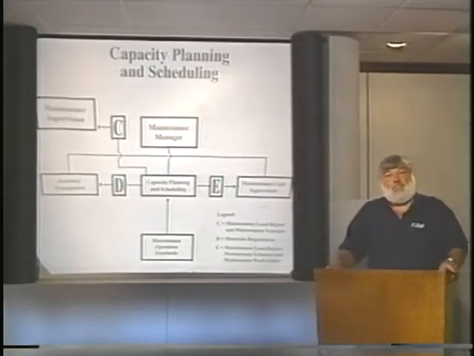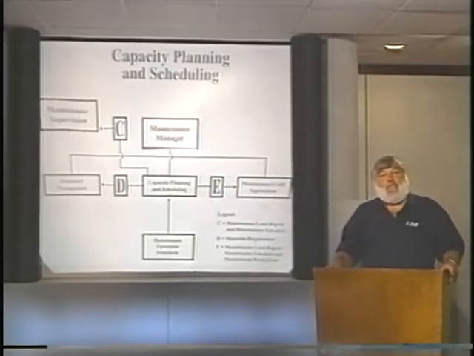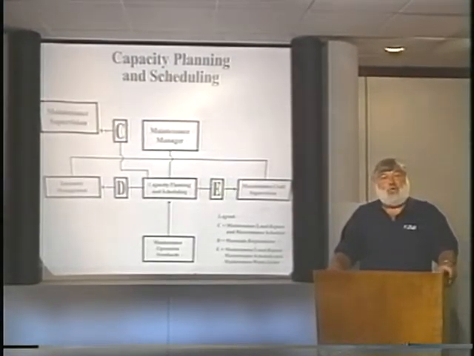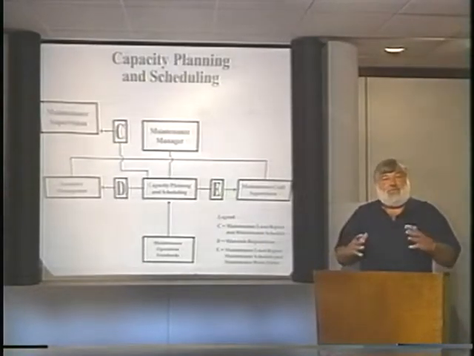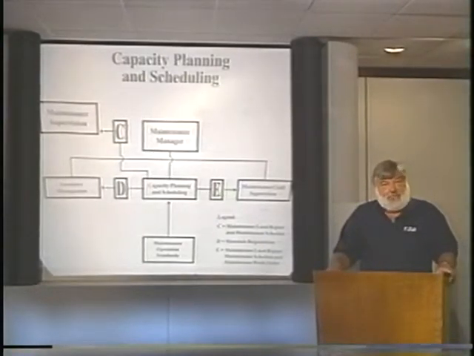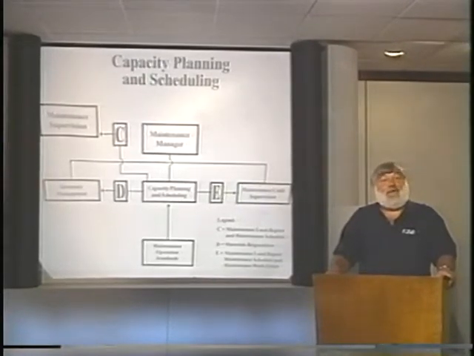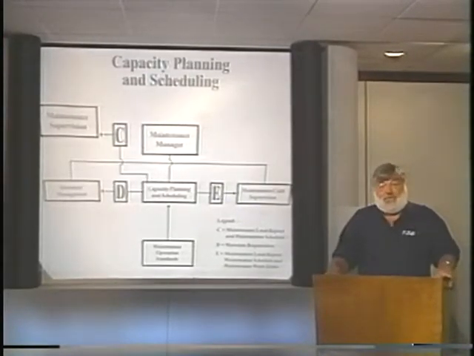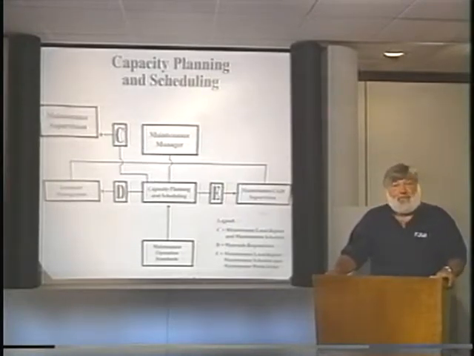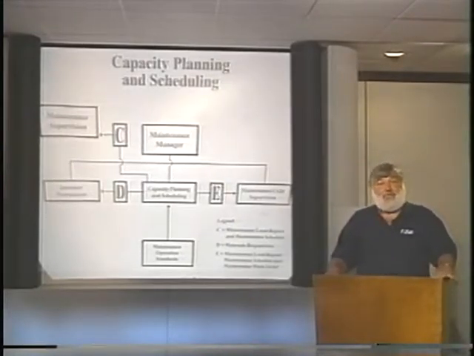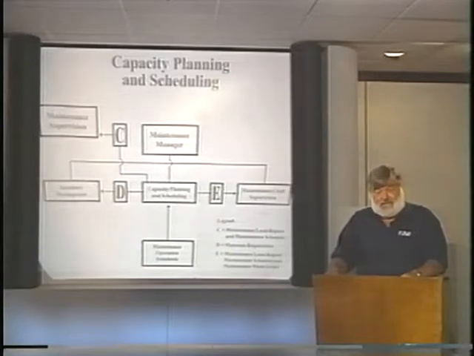So one of the key requirements to support maintenance work order planning and then subsequently scheduling is to start to develop standards relative to operations, if you will, that are repetitive. So you want to develop what we call a maintenance operations standards database.